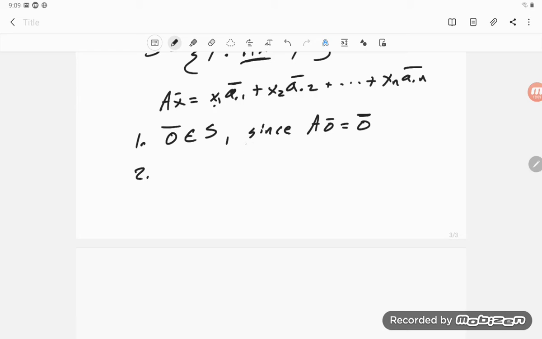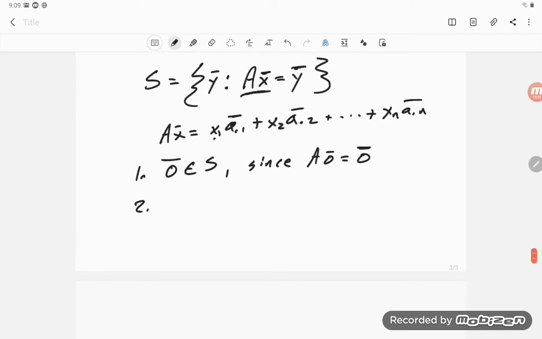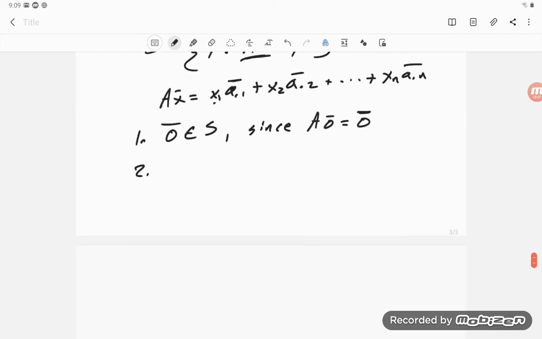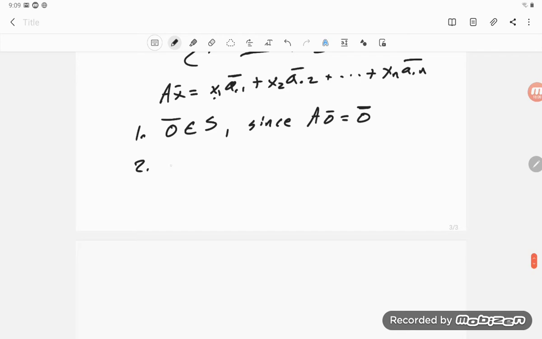Well, okay, so let's do this with a y1 and a y2. So suppose I have a y1 and a y2. They're elements of S. And so now I'll let y equal y1 plus y2.